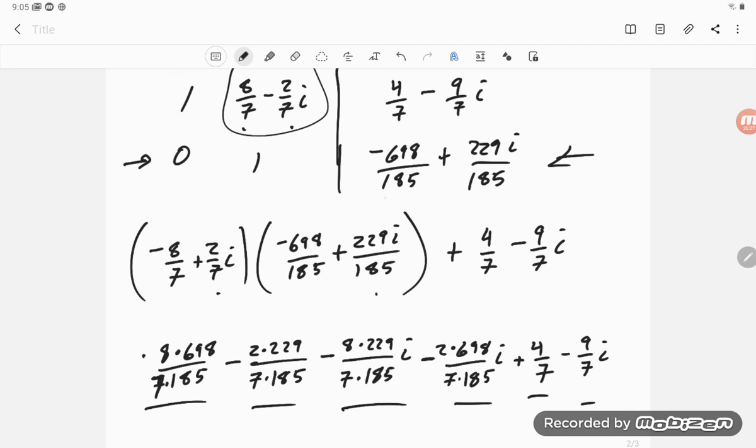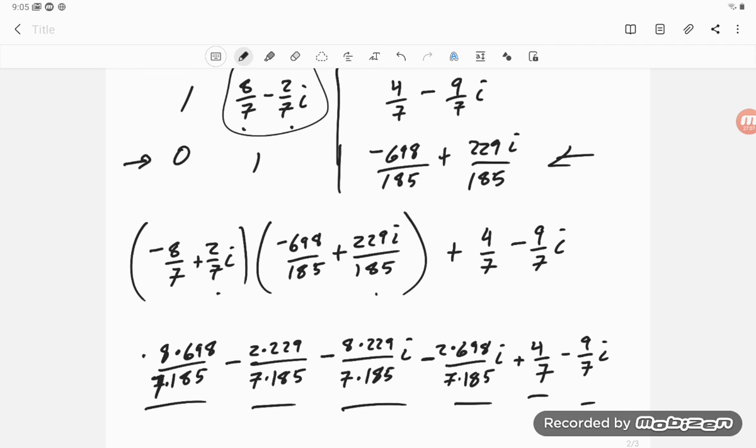And then for the imaginary, the plus 4/7, and then I have the minus 8 times the 229. Yeah, that looks okay. And the positive 2 times the negative 698, that looks okay. And then a minus 9/7.